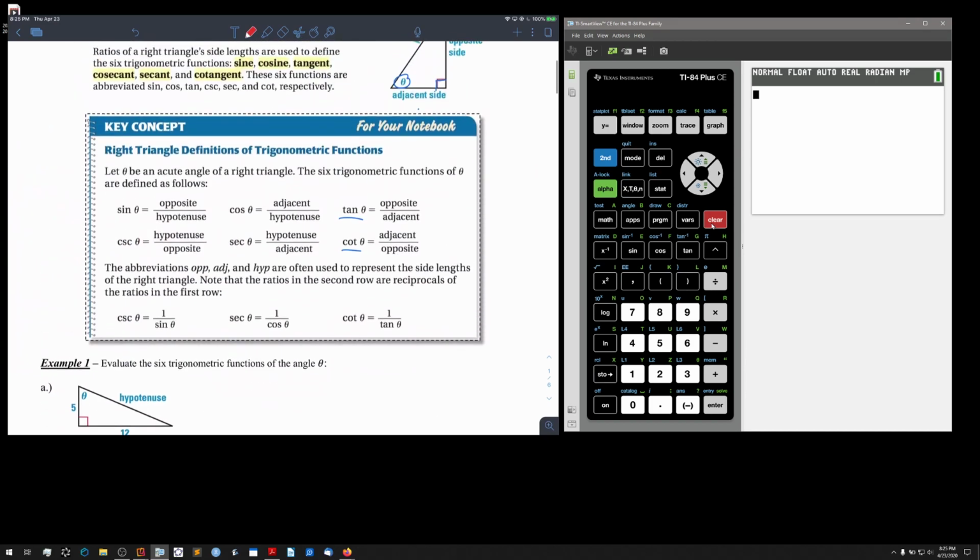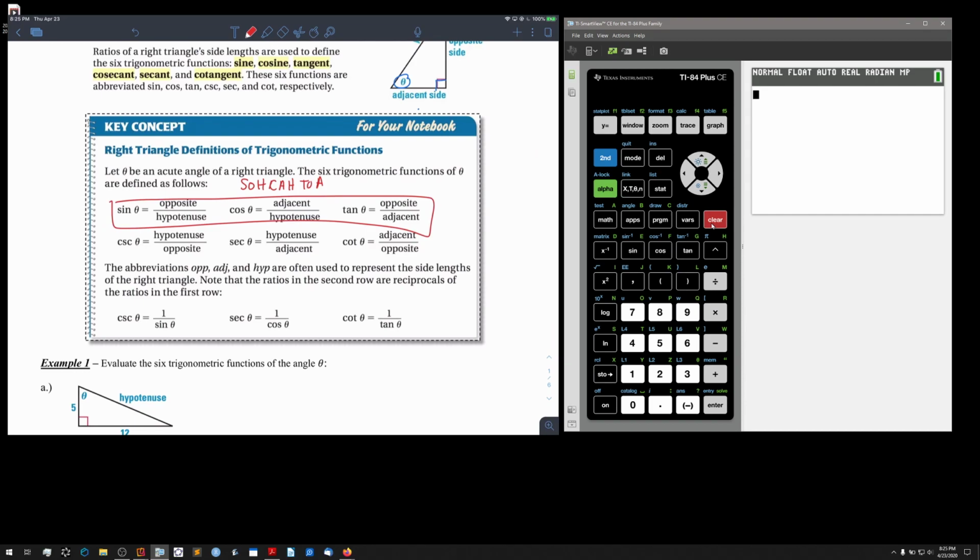There's just one thing I have to show you here. There's a little acronym, TOA, that you can remember to memorize all of these and how they work.